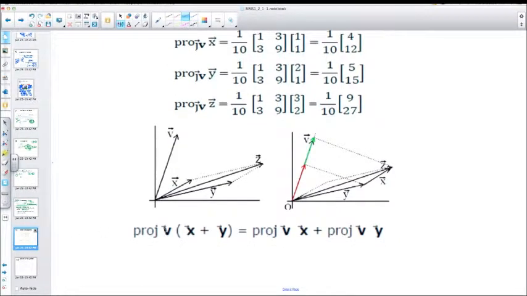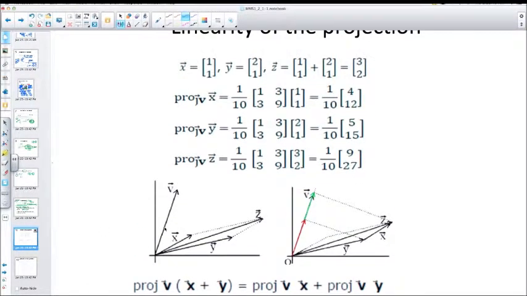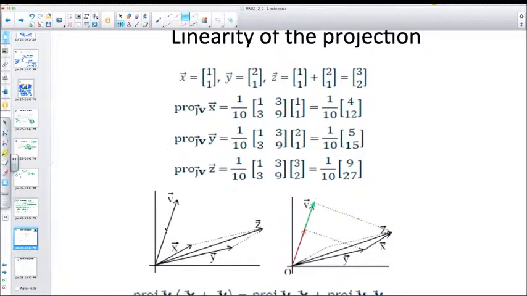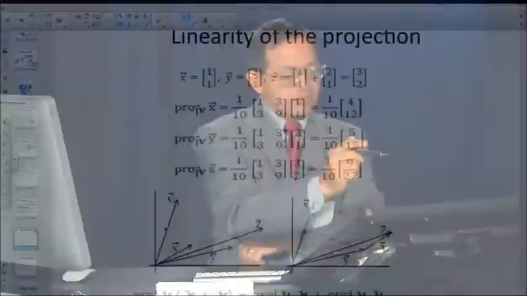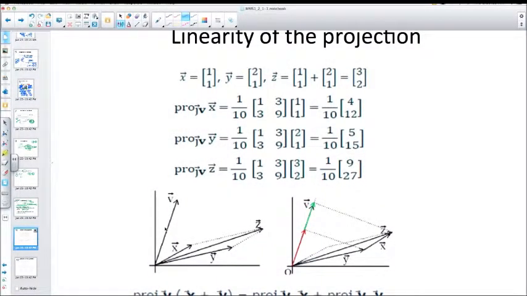First, I want to prove the projection is a linear transformation. And look at this one. We need to prove if you add the two vectors first to get z, and then you transform z as the projection, you're going to get this one.